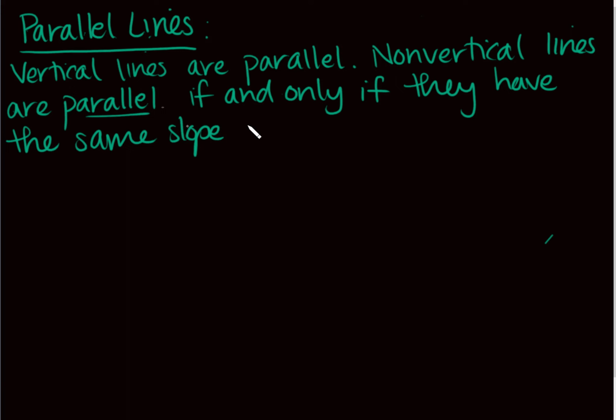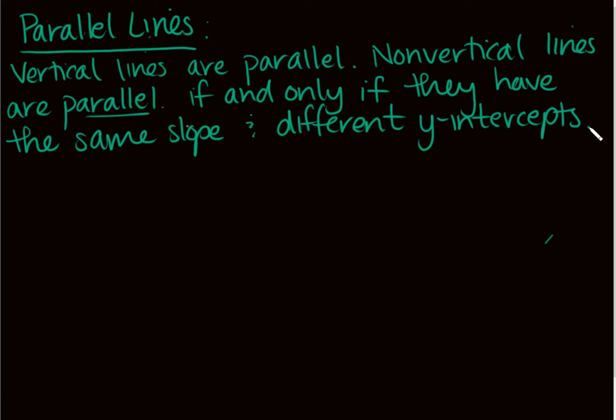That just means it's not the same line. That's all. Parallel lines are not supposed to intersect. So if it's the same line, that doesn't make sense, right? It would intersect in an infinite number of places. So two non-vertical lines are parallel if and only if they have the same slope and different y-intercepts.